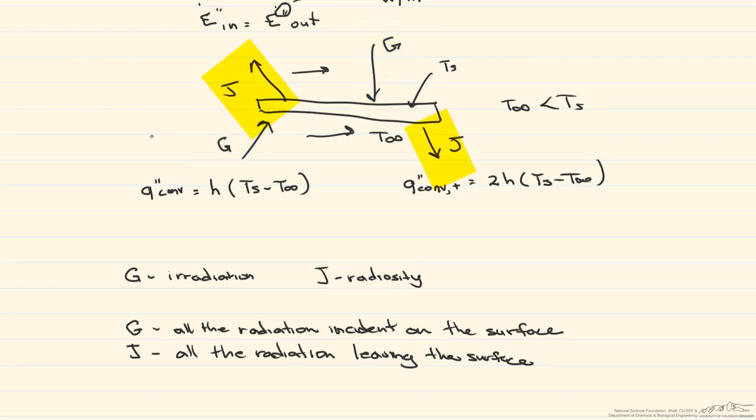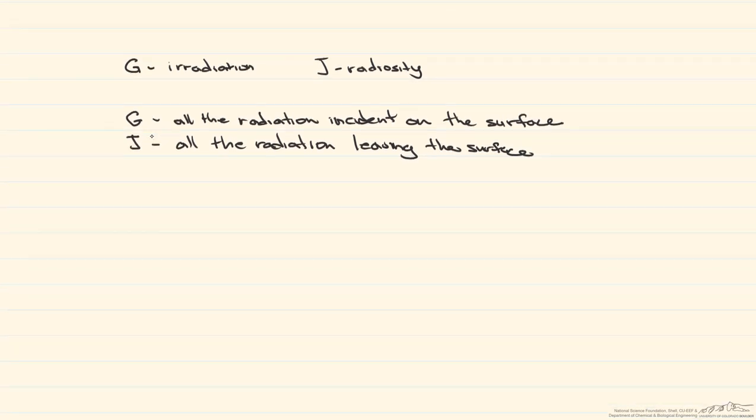Remember that this is only the radiative heat transfer. So our energy balance ends up being 2G is equal to 2 times J plus 2 times our Q convective, and we divide everything by 2, so G is equal to J plus our Q convection.